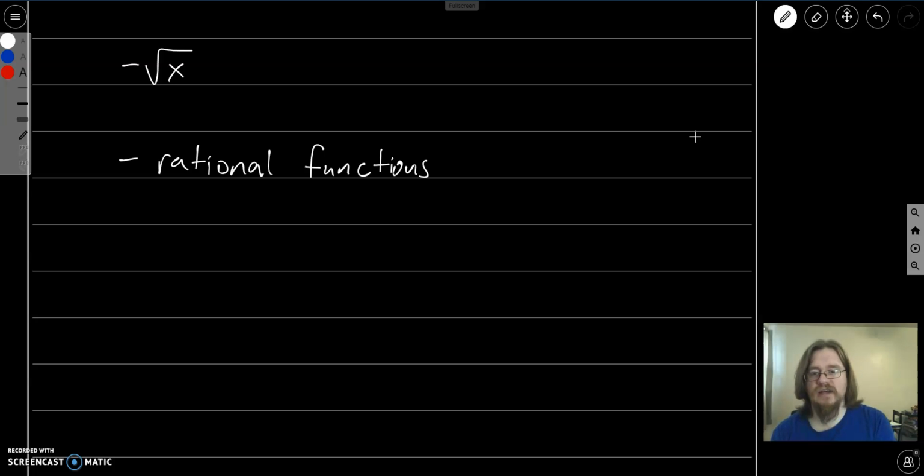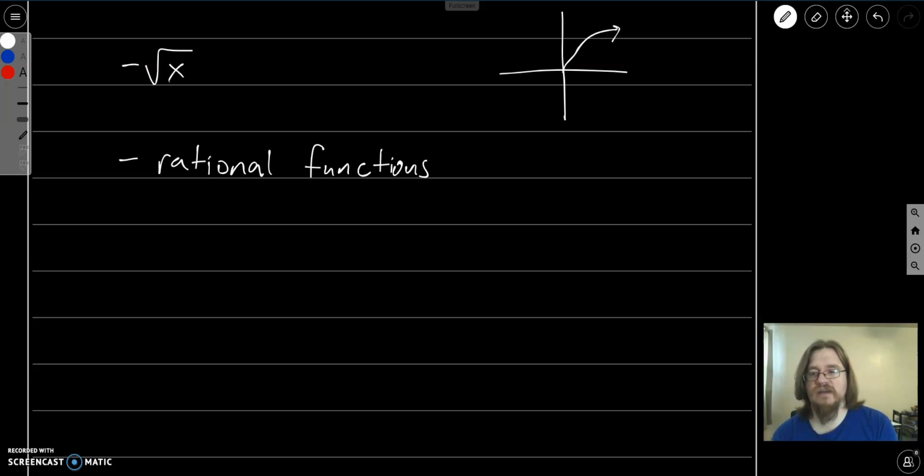The square root of x, I should do this over here. The square root of x looks like this. So it's basically a parabola that we've turned on its side, and we only have the positive root for the square root of x.